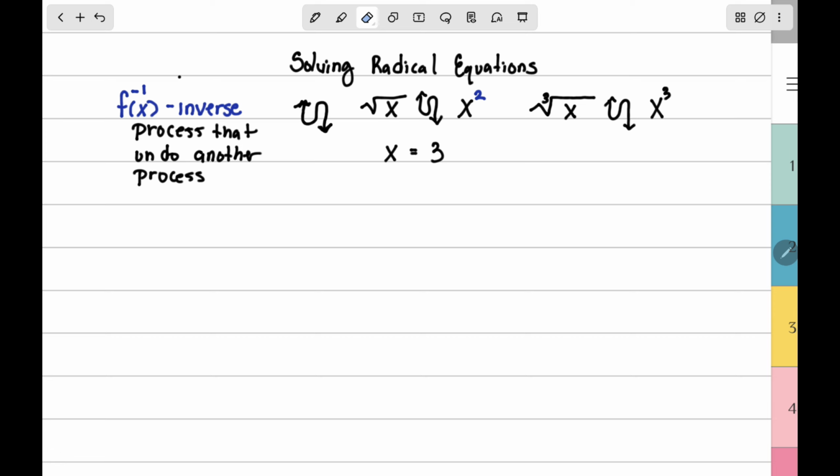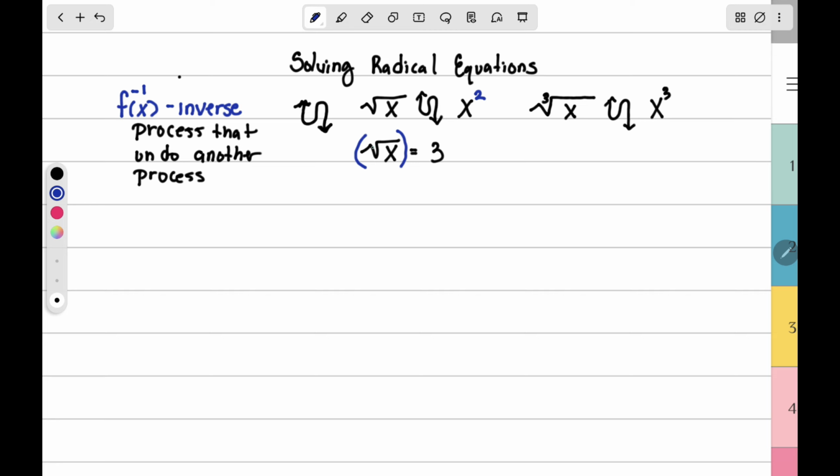Gone. No, that will not work. So in order to get x by itself, you must undo the radical. You undo the radical by raising both sides of the equation to the index.